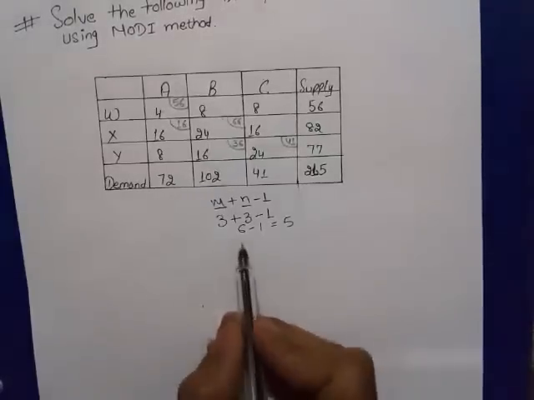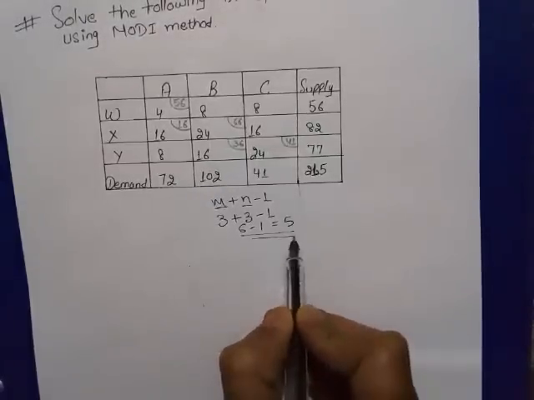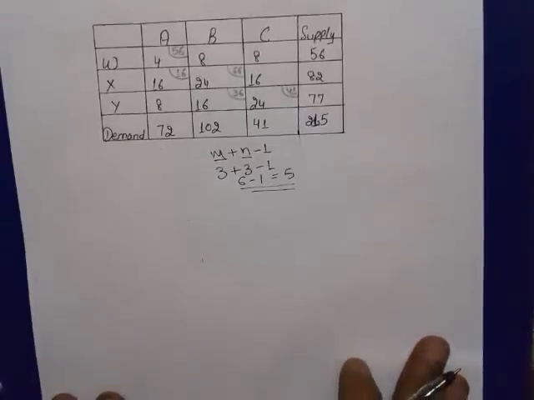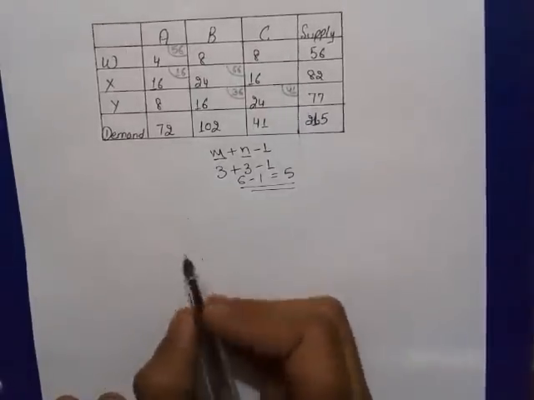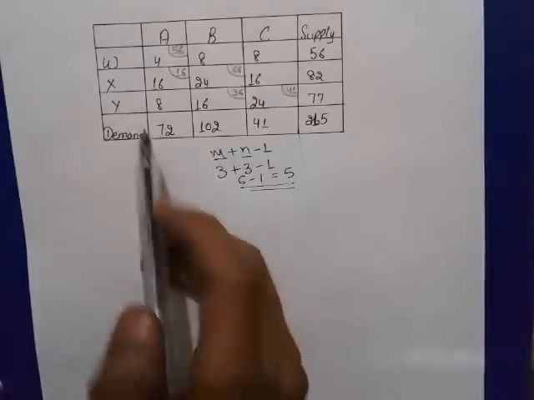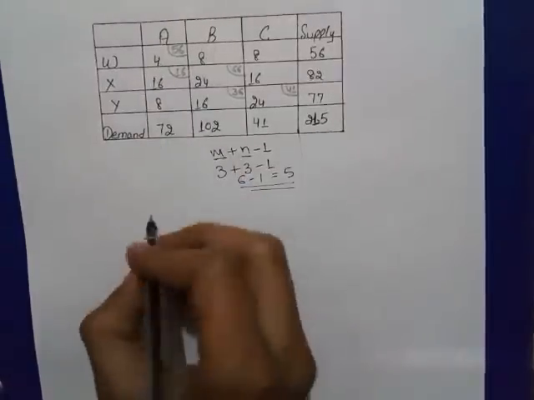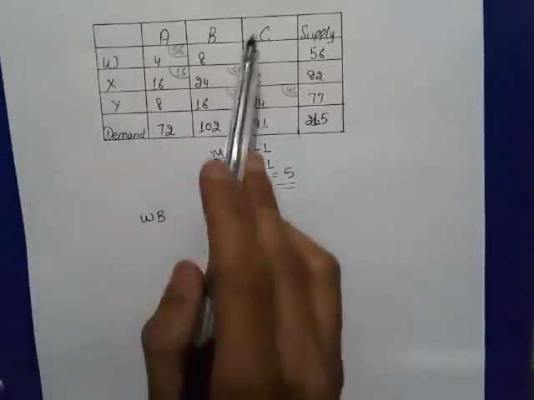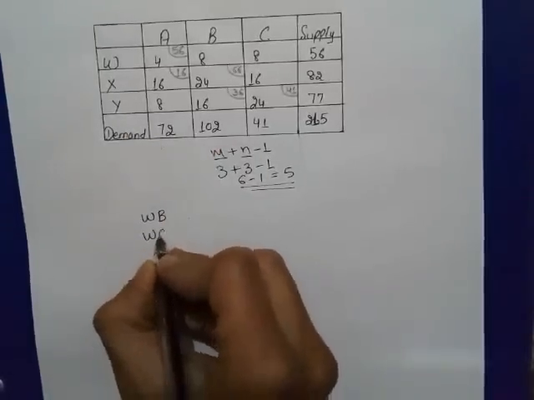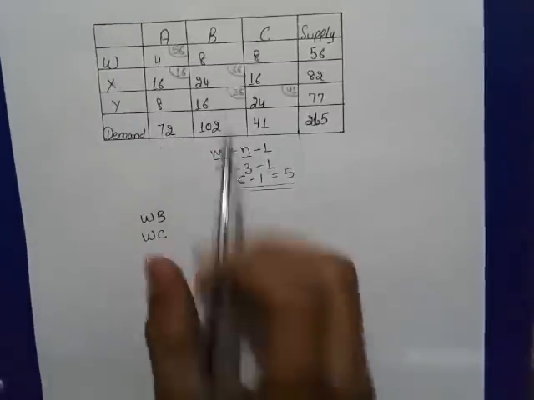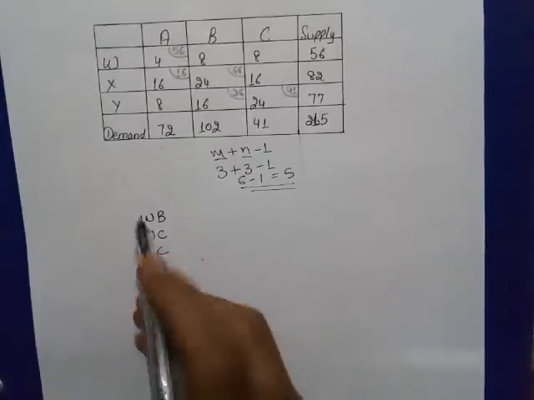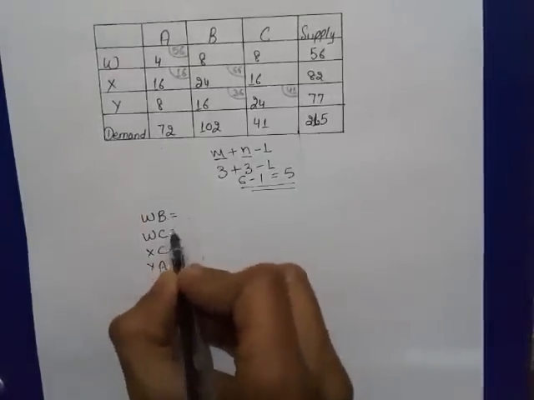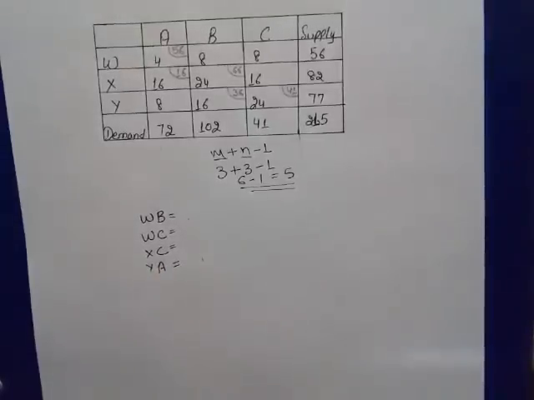After fulfilling the condition, we have to find out the unoccupied cells. The unoccupied cells are first WB, WC, XC, YA. These are the unoccupied cells.